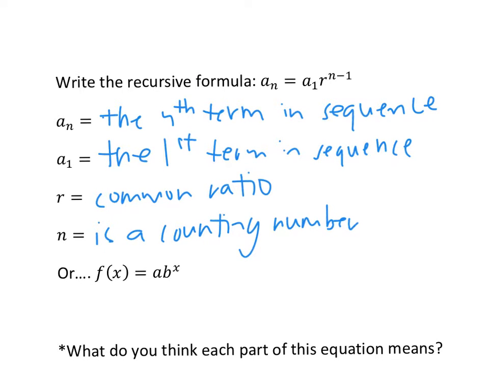Well, a, as you know from exponential functions, writing equations for exponential functions, a is going to be here our 0 term, right? Like the y-intercept. When you plug in 0 for x, what do you get for y? So 0 term. And b is your common ratio.